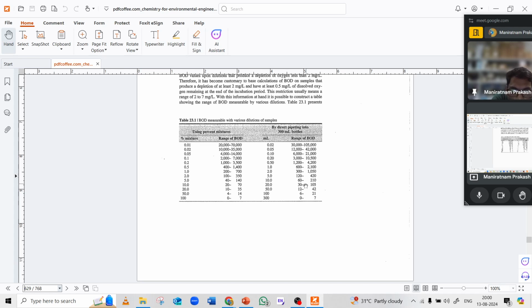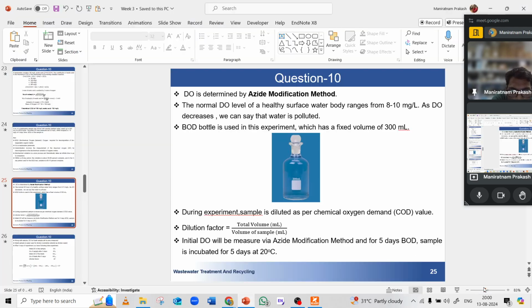Here you can see 300 to 1000, so this dilution would be a very large dilution. Then there is 60 to 200, 120 to 420. So we can use this value, that is 5. We can take 5 ml of sample and dilute it to 300 ml. Generally this table is used. I hope you are getting it.